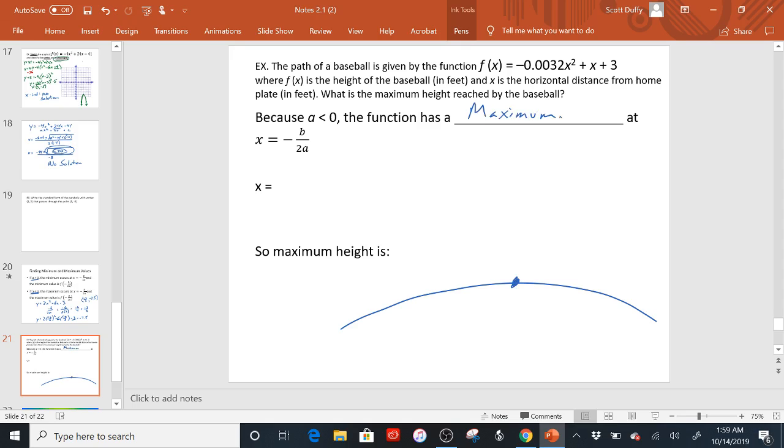And x equals negative b over 2a. Well, okay, let's figure out what that x value would be. Let's plug in our negative b over 2a. So our b value would be 1 right there, over 2 times our a value. So negative 0.0032.